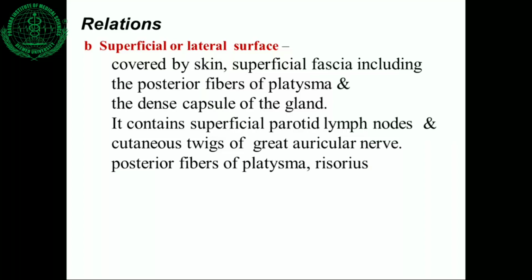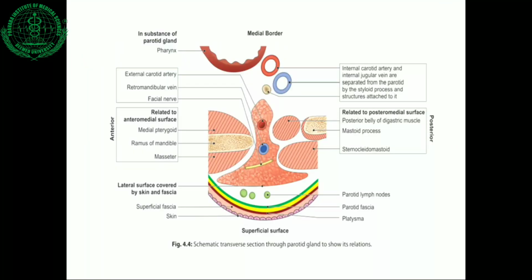The lateral or superficial surface consists of a few of the parotid lymph nodes. Then twigs of the great auricular nerve and a few fibers of the platysma, and also the risorius muscle, extend up to the superficial or lateral surface of the parotid gland.